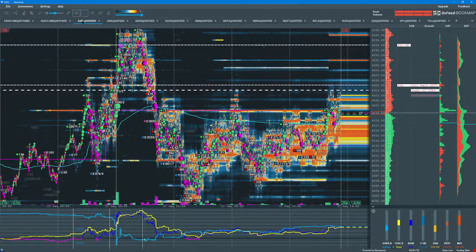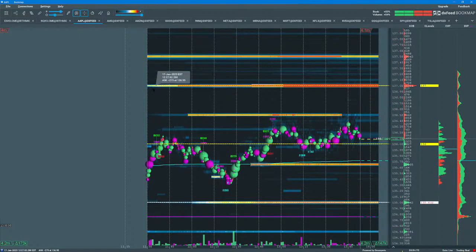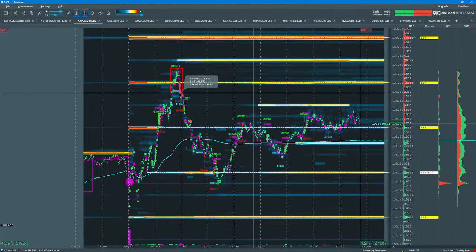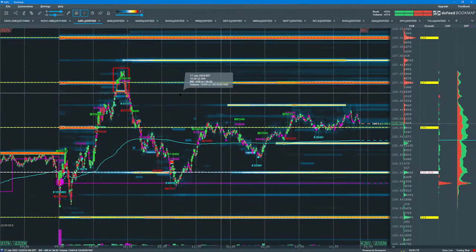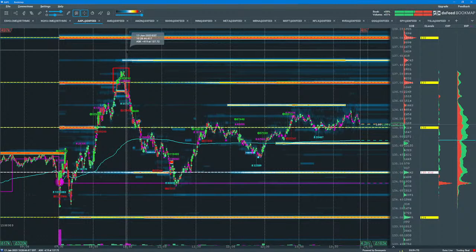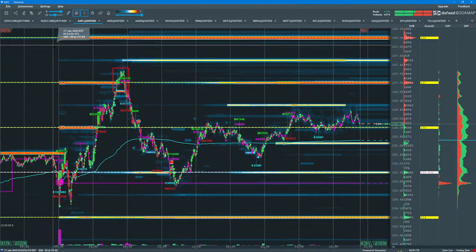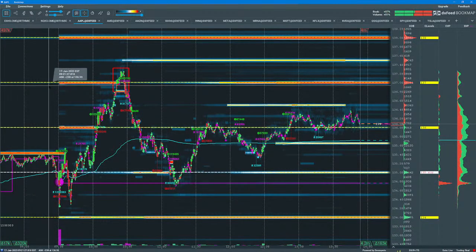Go to Apple. So here's the reversal lower at the 137 liquidity with the target at the 135 key gamma strike. Let's zoom in on that.